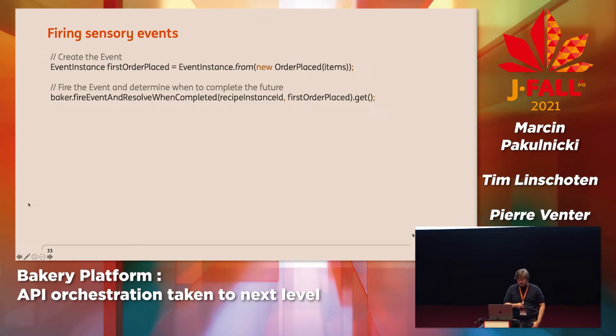And then we fire the event into the model. And it's a mouthful: fire event and resolve when completed. It's just firing this event and completing the future when all the execution is done. You have some options, but for now that's not too important. So this just gives the event to baker. And depending on your recipe, it will now start executing your recipe in the background.